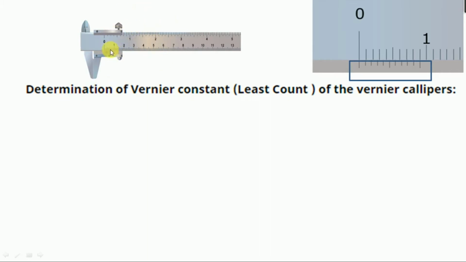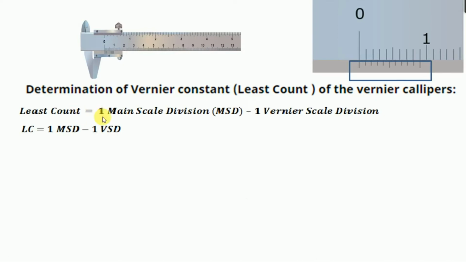Vernier constant means the smallest measurement which a vernier caliper can measure. Least count means 1 main scale division minus 1 vernier scale division. 1 main scale division is 1 millimeter we know, but we don't know how much 1 vernier scale division is. If you see, there are 10 vernier divisions, and 10 vernier divisions are equal to 9 main scale divisions.